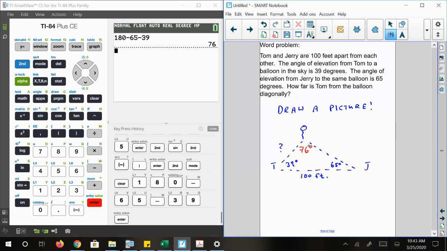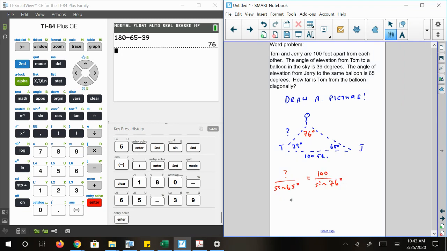So question mark divided by the sine of its angle equals the complete side and angle that we have, which would be 100 feet divided by the sine of its angle, which is 76 degrees. The only thing that I would need to do to figure out question mark is multiply both sides by the sine of 65.